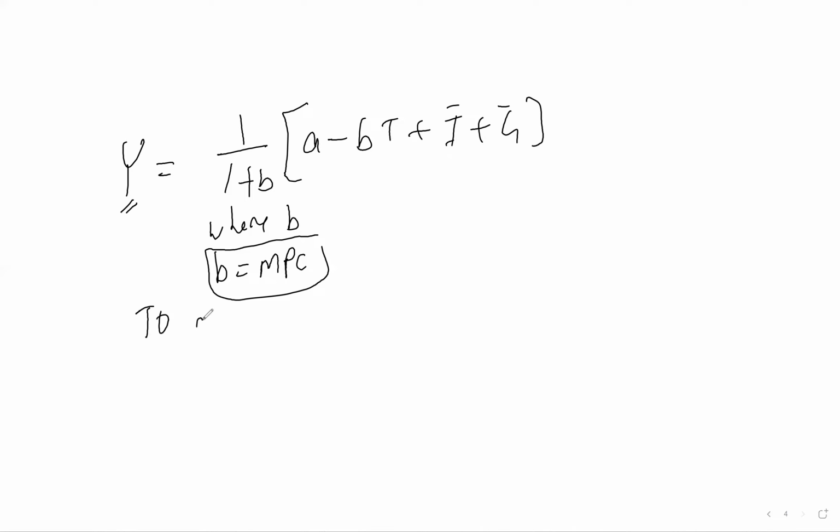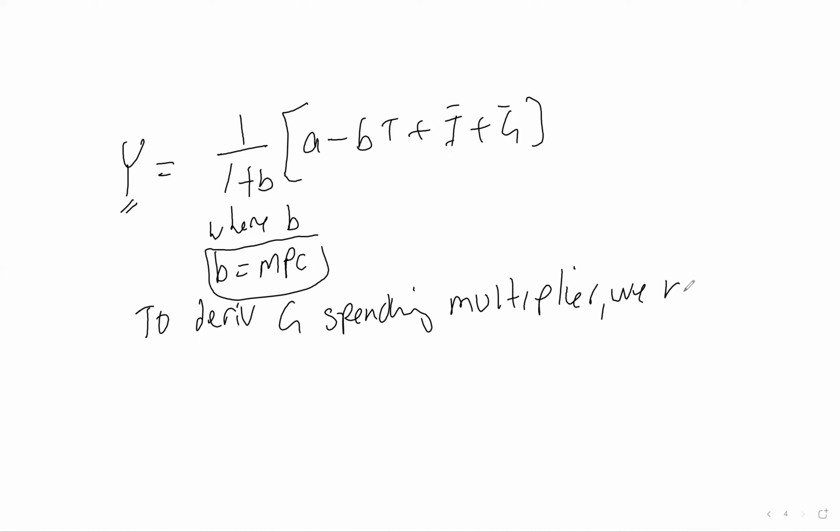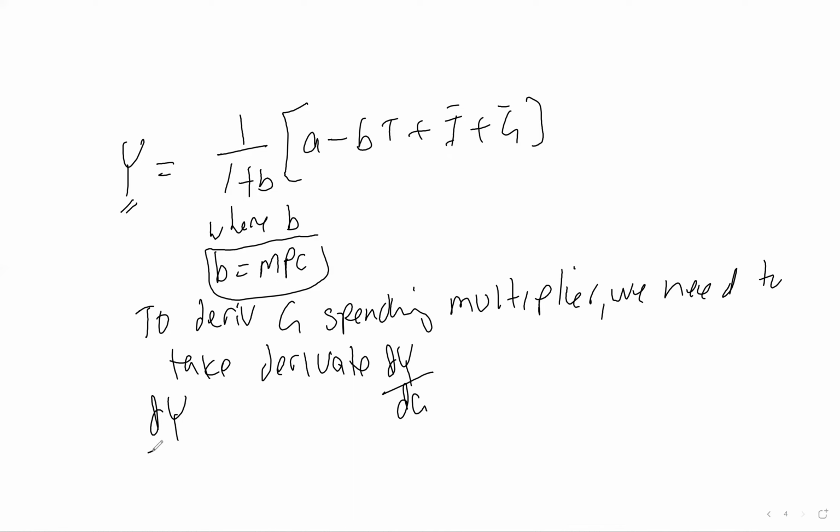So to derive the government spending multiplier, we take the derivative of Y, which is dY, with respect to G. So that's what we need to do. So let's do that.